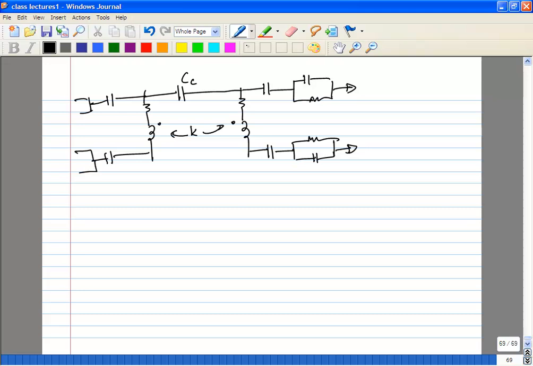Okay, and the last kind of inductors we'll look at are multi-level inductors. So let's say you are not interested in the Q of the inductor, but you want to get maximum inductance for a given area.